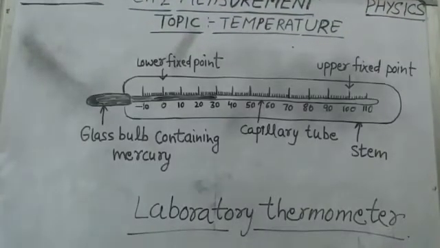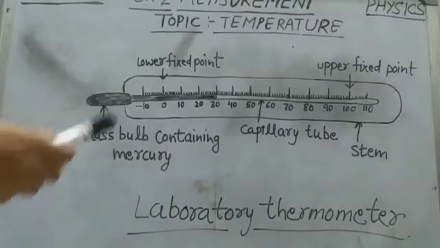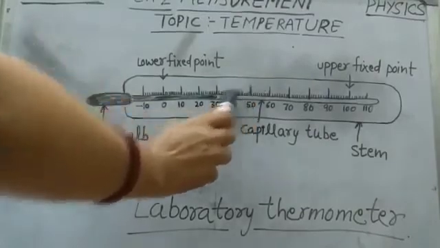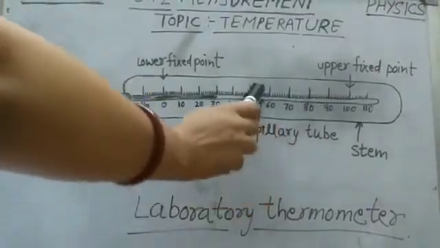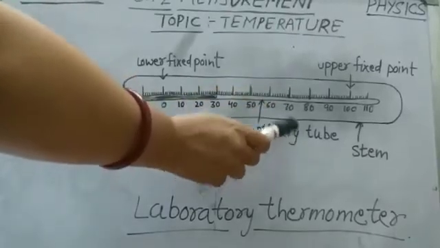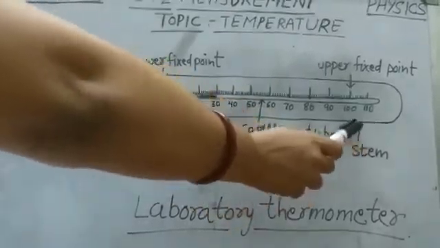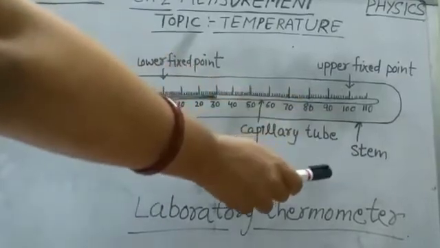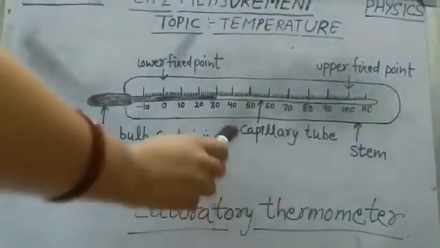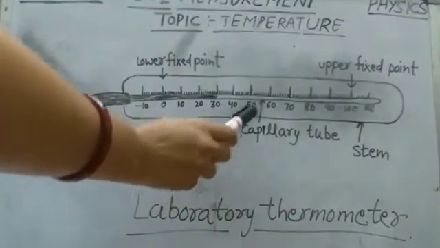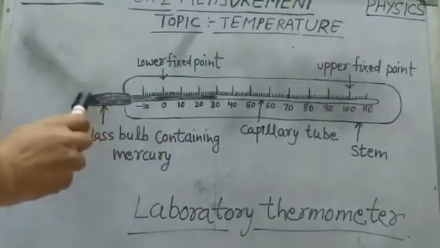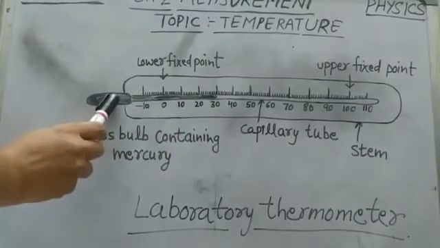A laboratory thermometer consists of a very fine capillary tube. This capillary tube is protected by a thick glass tube called the stem. This is the stem of the thermometer. One end of the capillary tube is expanded into a glass bulb containing mercury.